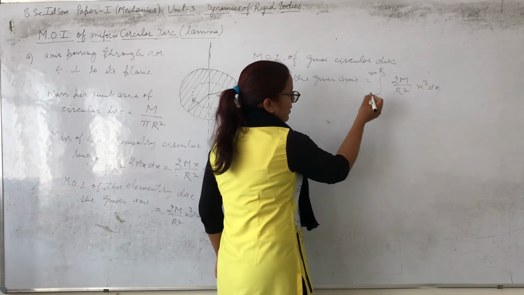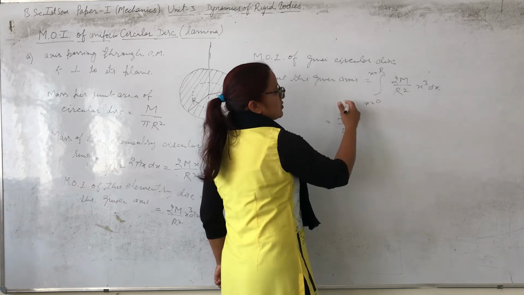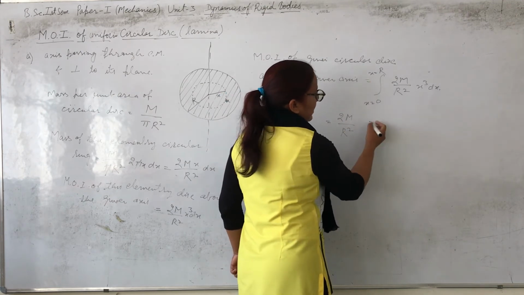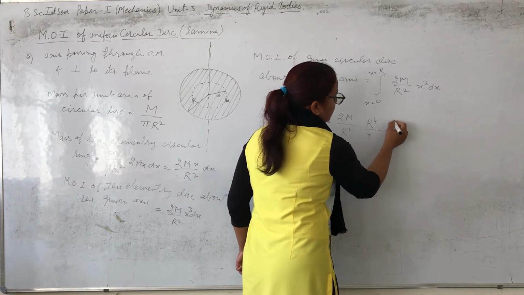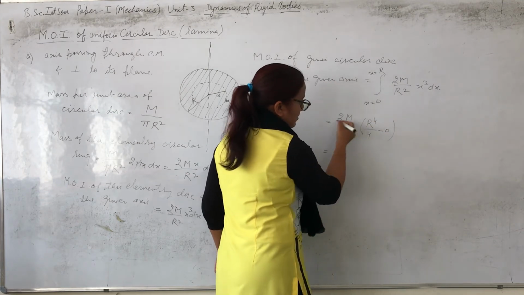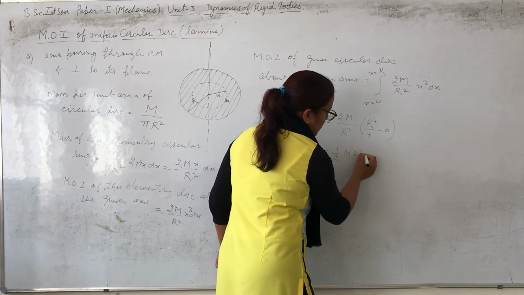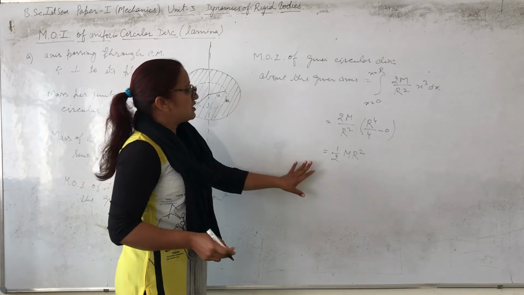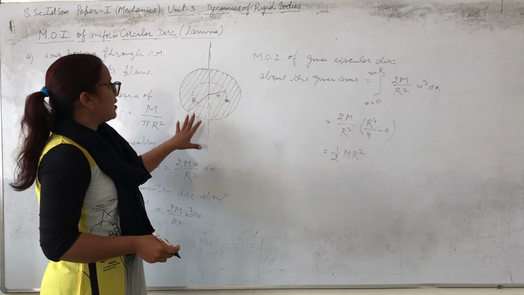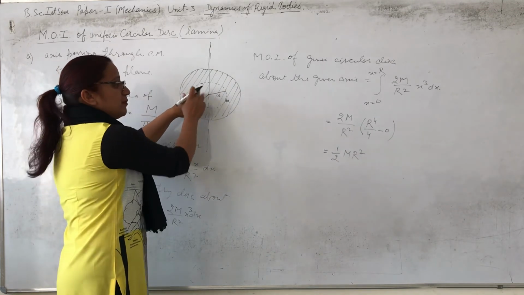When we simplify it, we get 2m over r square as a constant outside of the integration, times x to the 4 by 4, which makes r to the 4 by 4 minus 0. Simplifying, we get 1 by 2 m r square. So this is the moment of inertia of this circular lamina about the axis passing through its center of mass but perpendicular to its plane.